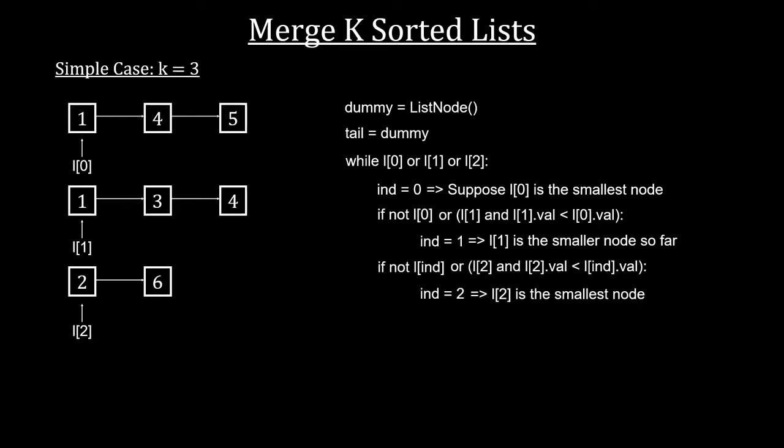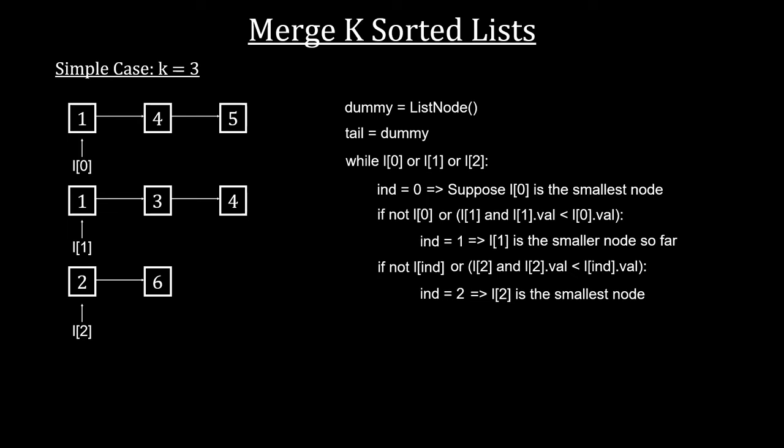And then we check for L2. The smallest node found so far is L of index. So, if this node is null, or maybe it's not null, and also L2 is not null, and the value of L2 is less than the value of L index, then index becomes 2.